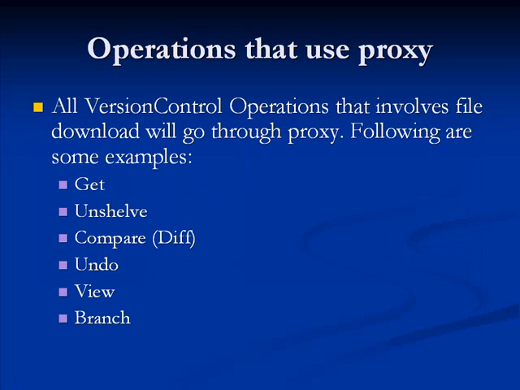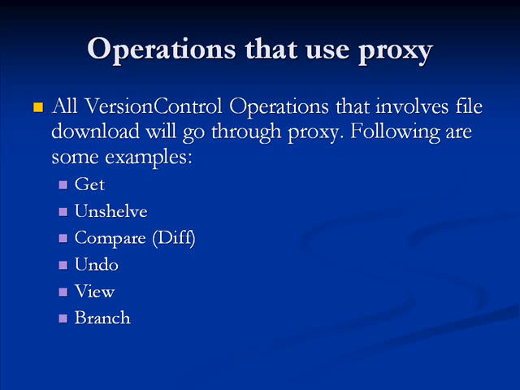So here are some examples of which version control commands go through a proxy. At a high level, you can imagine that any version control operation that involves a file download will go through the proxy if the client is configured to use a proxy.